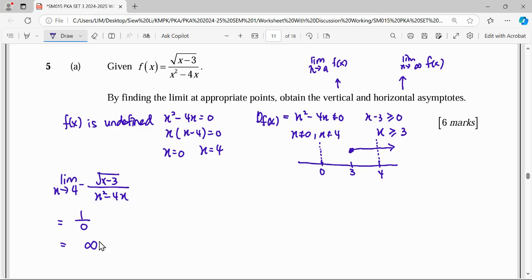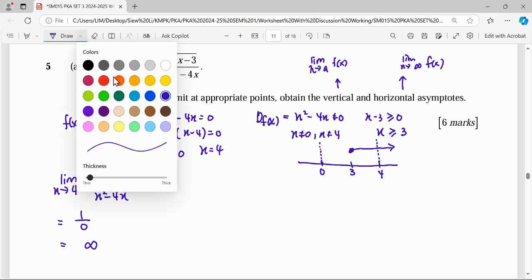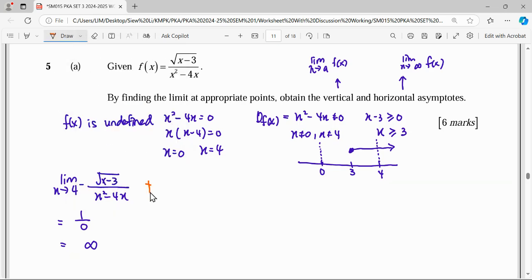Then we test with our calculator, 4 from the left hand side. We test for the value 3.999. Positive or negative? Answer? Negative.